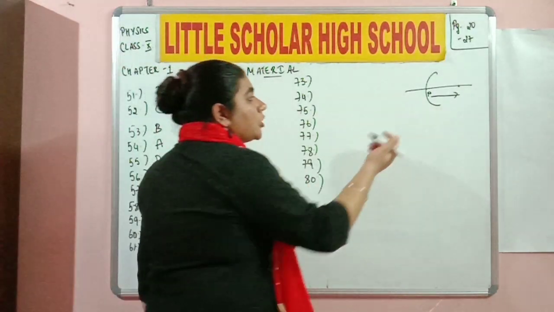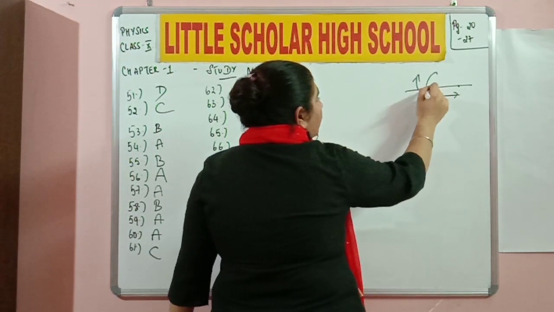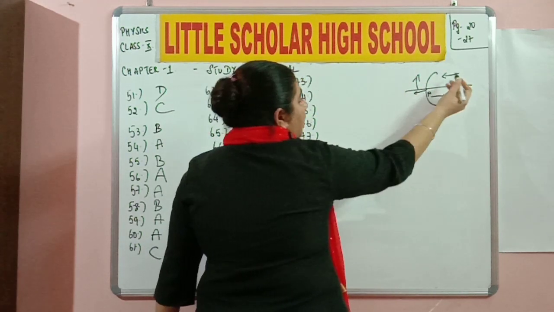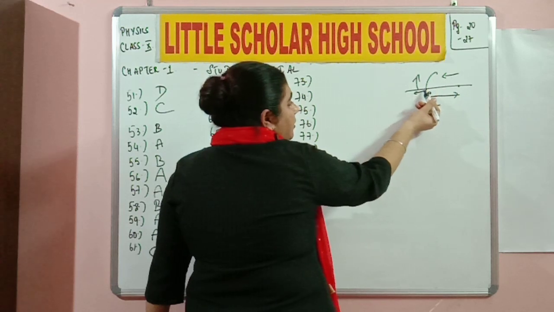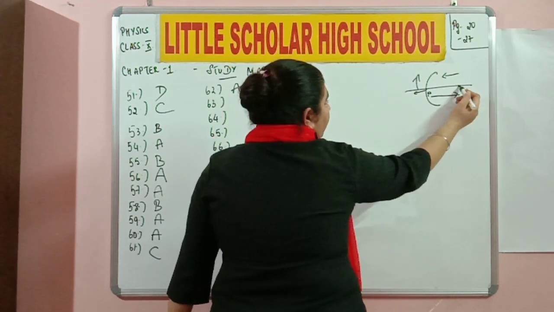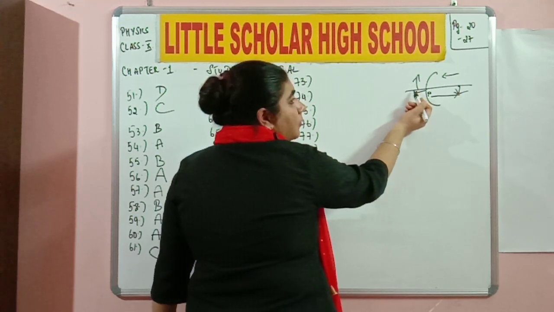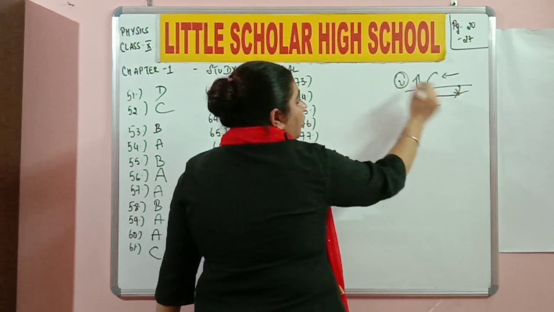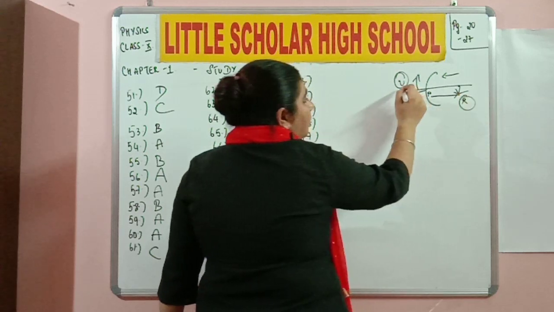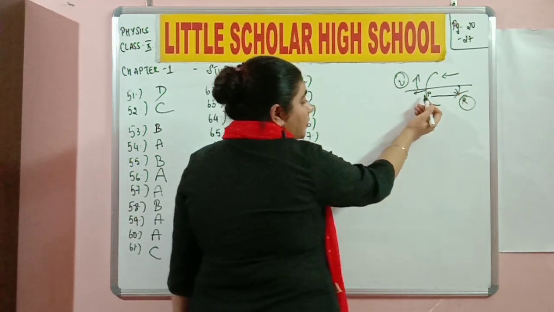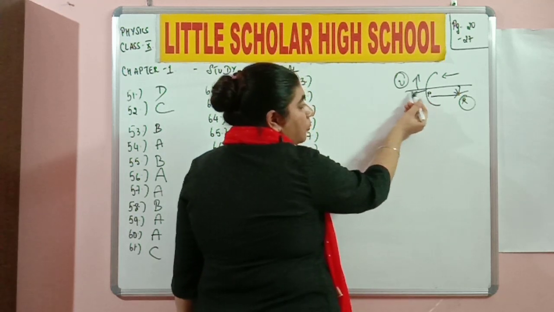If it was a virtual image, it will be formed behind the mirror from pole to this. This means it is going in the direction of the incident light. This is your incident light, this distance. If this is the image which is formed behind the mirror and it is virtual, and this is real. I want to measure the virtual image distance. I see I am measuring it from the pole.